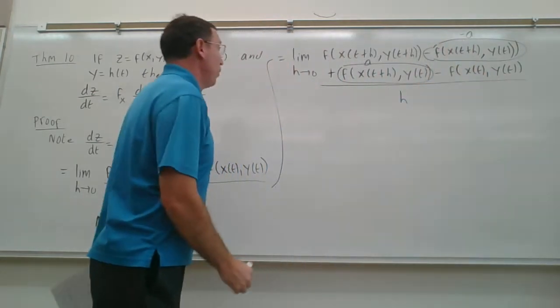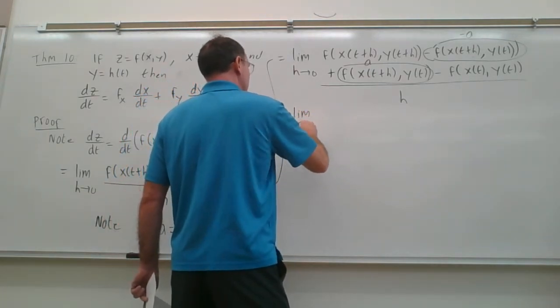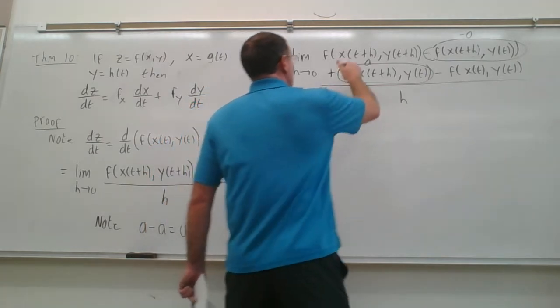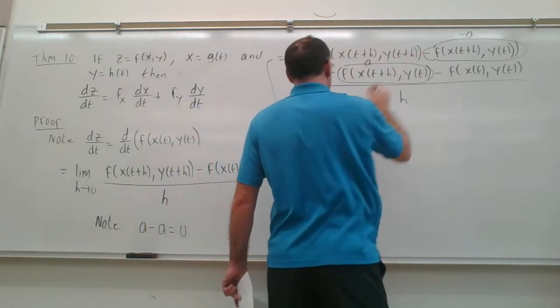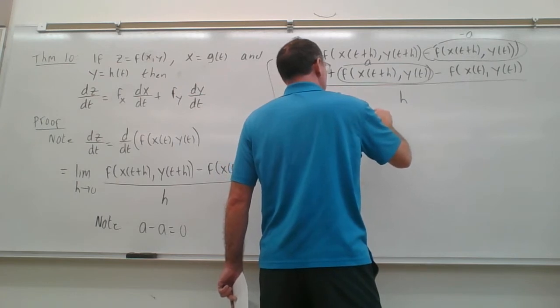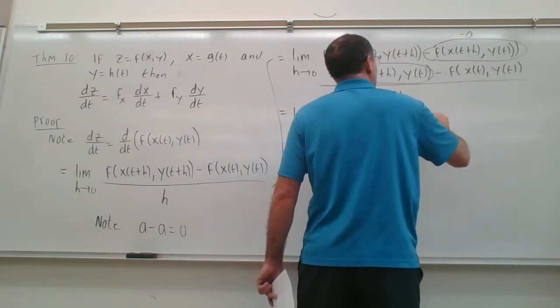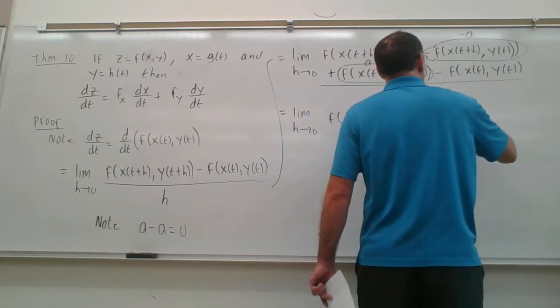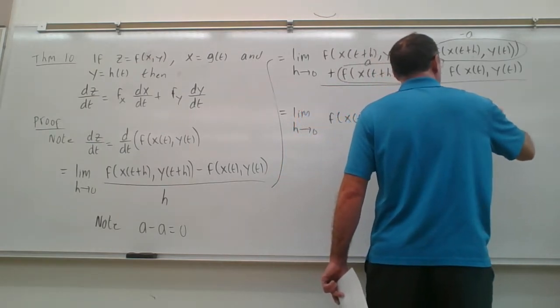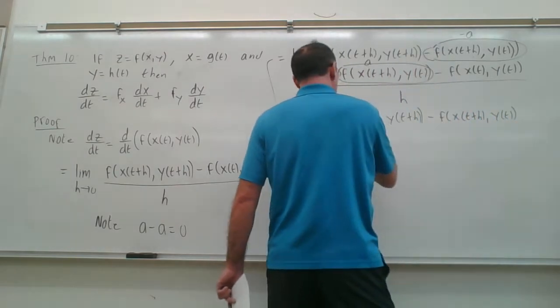So I'm going to break this now into two fractions. The limit as h goes to 0, I'm going to group the first two. It's going to be f(x(t+h), y(t+h)) minus f(x(t+h), y(t)), divided by h.